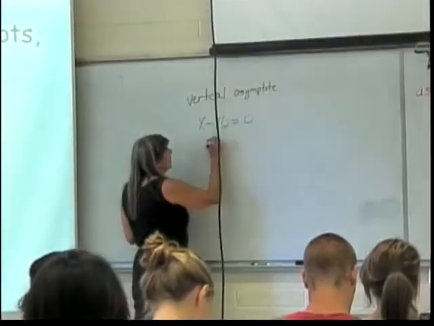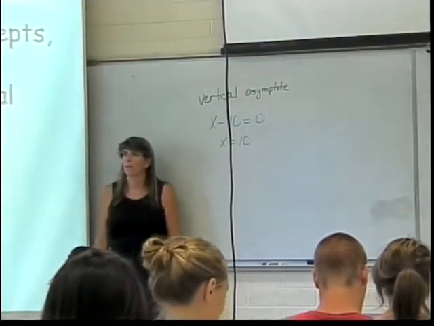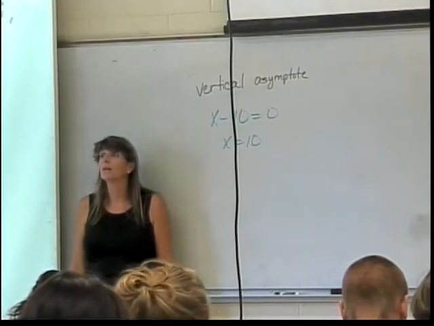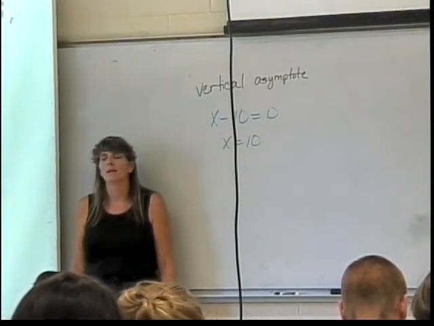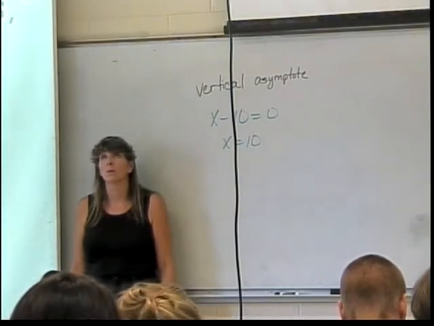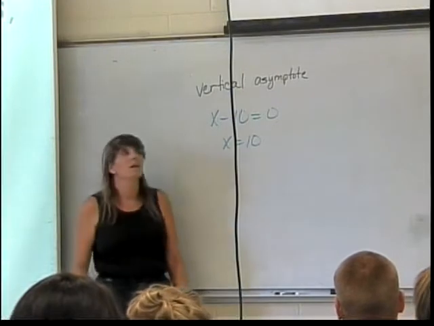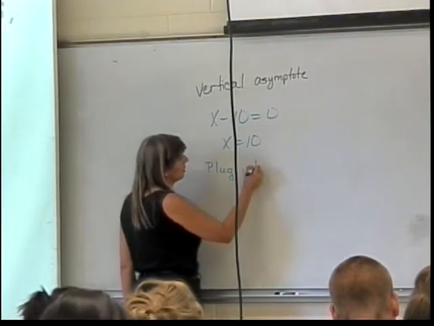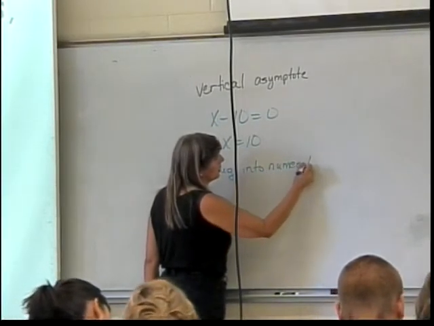What's 10? X equals 10. Right, I got that one. Are we okay there? What? No, because it can't equal 10, because that's a 0 on the bottom, so it's undefined. Yeah, plug into the numerator. 10 minus 10 is 0.